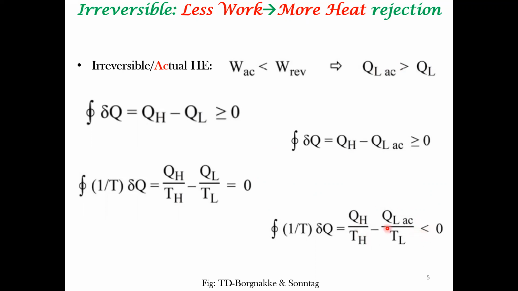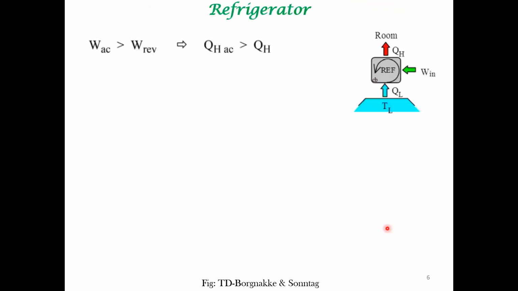Whenever we are analyzing a heat engine, we can do all these things in reverse. We can also think about a refrigerator or a heat pump. What does a refrigerator do? You take up heat from a low temperature reservoir and then give a certain amount of heat to a high temperature reservoir with work having been done to this system, right?